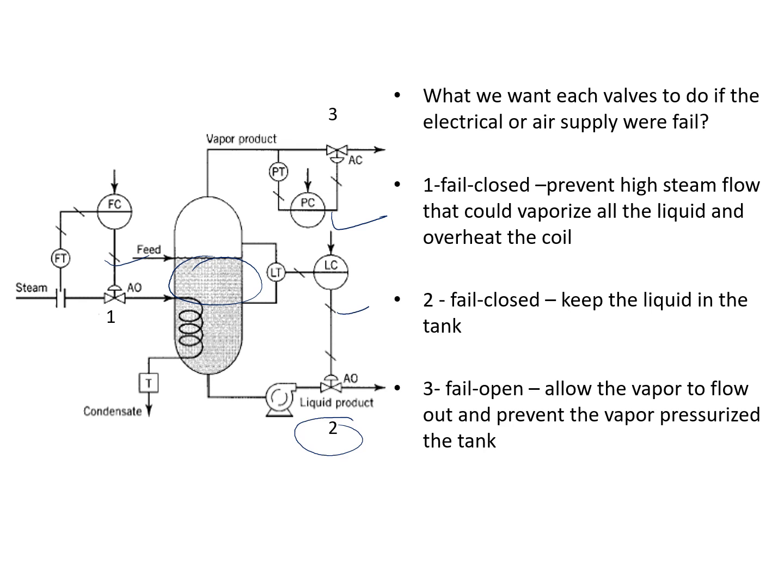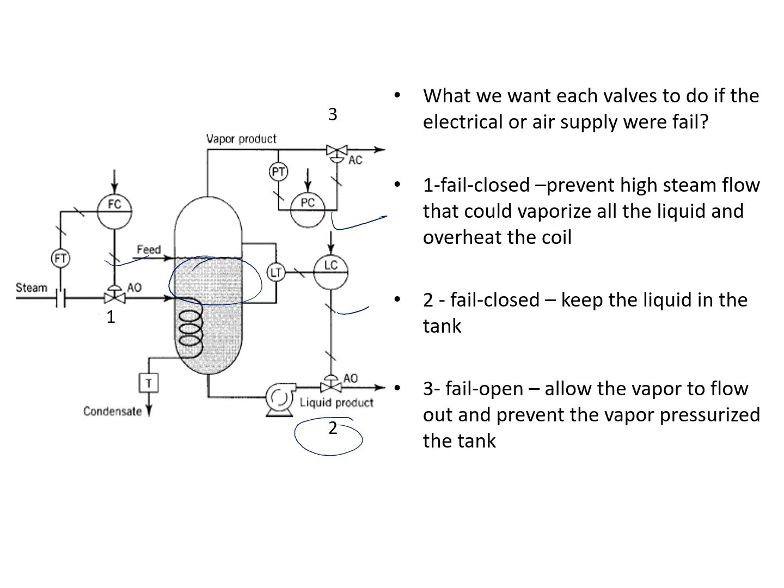So we need to use the fail close valve to overcome the energy supply cut off issue. When the energy supply is cut off, this valve will directly close and keep all the liquid inside the tank without releasing it. So there is no dryness issue, and also no overflow issue.